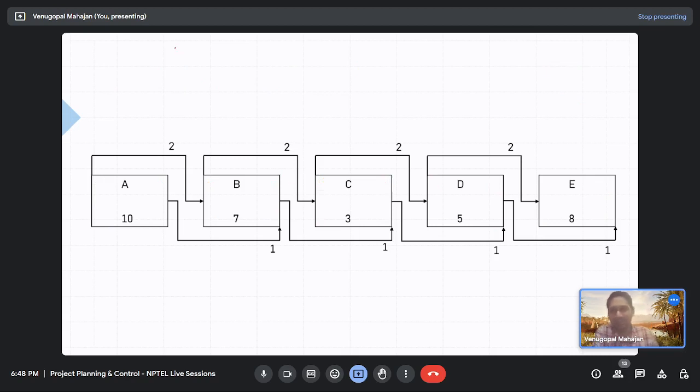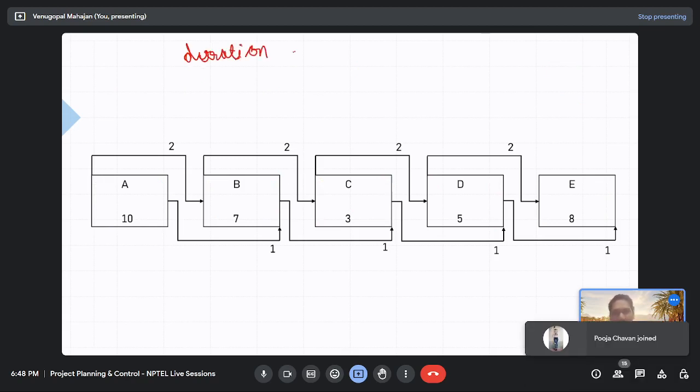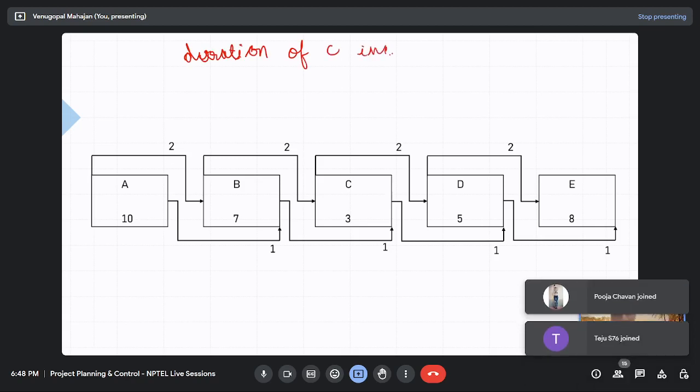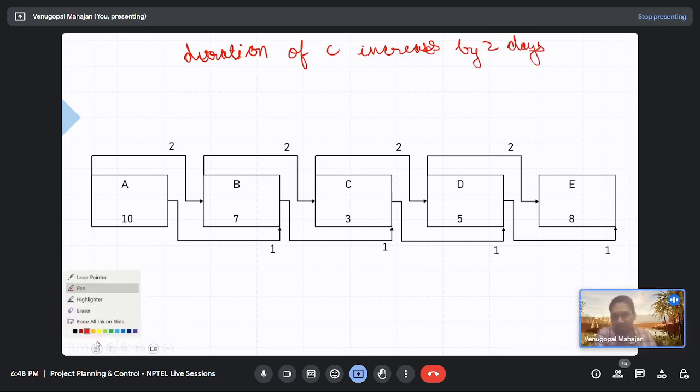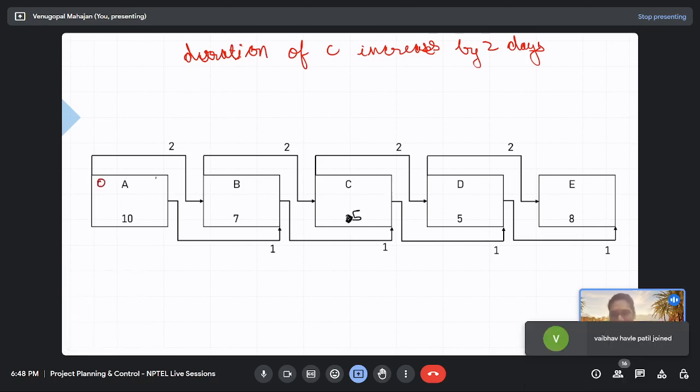Okay, so the duration of C increases by 2 days. So instead of 3, we will be dealing with 5 now, right? So this is 5. Let's try to calculate it. 0, this would be 10, right? 2, what about next?